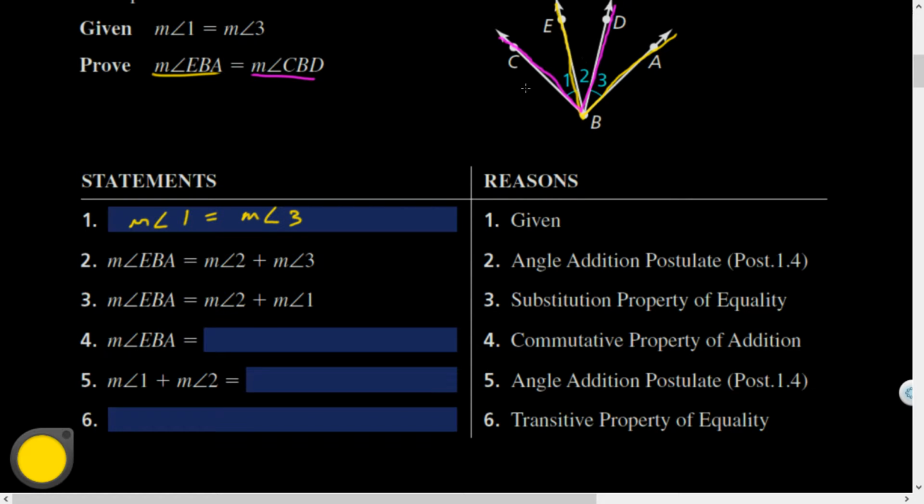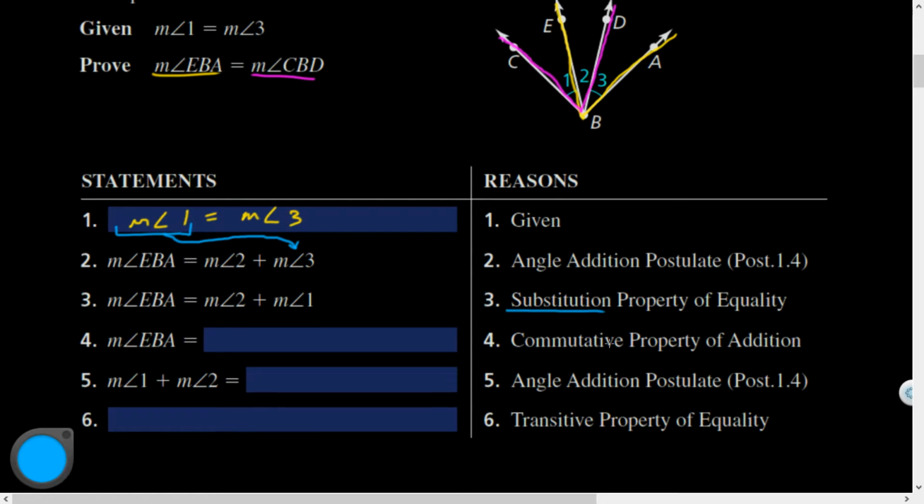Yep. Then they said the measure of EBA is equal to the measure of angle 2 plus the measure of angle 1. What changed between these two statements here? Yeah, it looks like they replaced the measure of angle 3 with the measure of angle 1. And they were allowed to do that by the substitution property of equality.